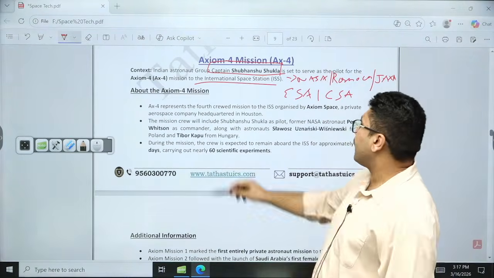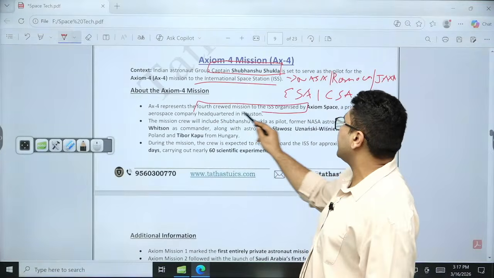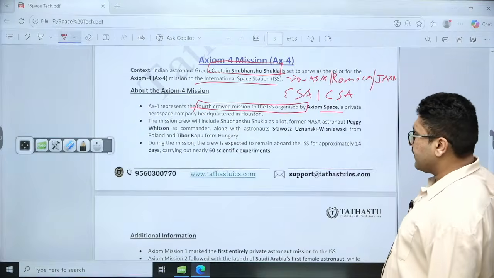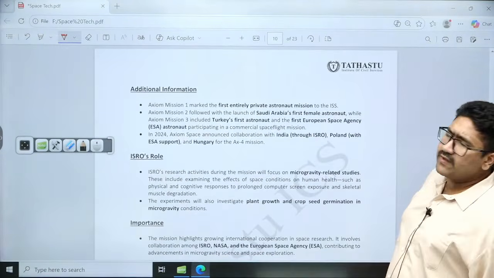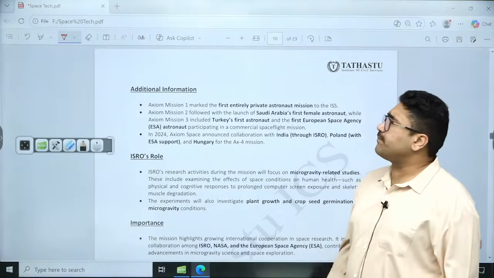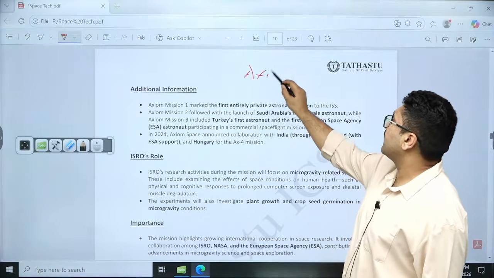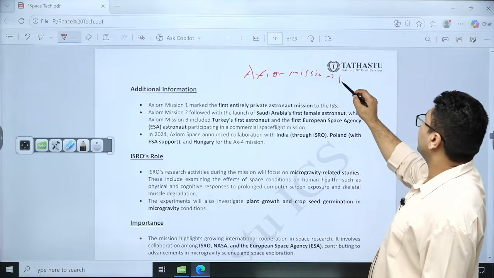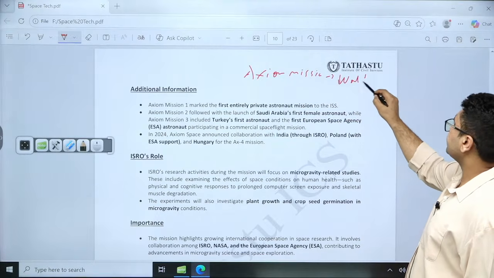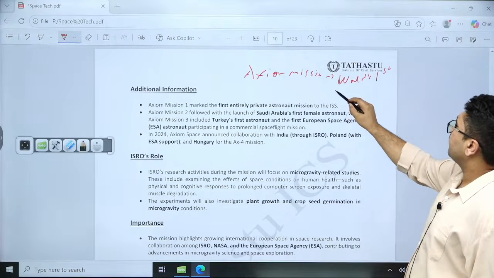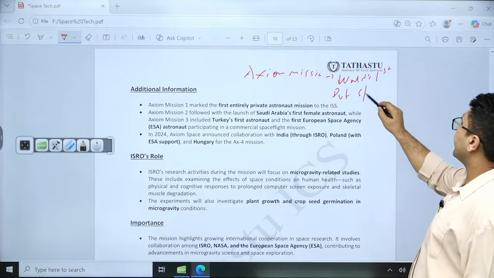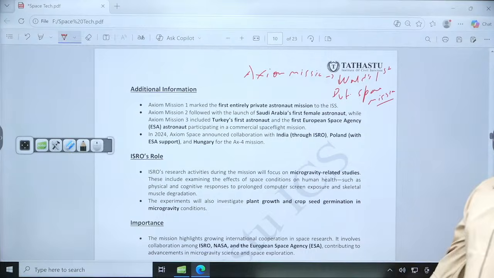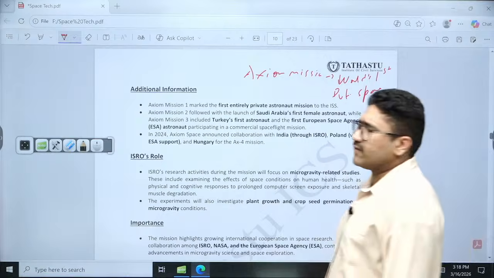Axiom 4 represents the fourth crewed mission to the ISS by Axiom Space. What is Axiom Space? Axiom is the world's first private space mission.